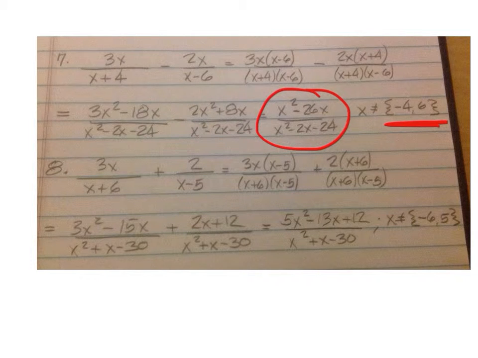And the excluded values are negative 4 and 6. For number 8, it's actually not 5x squared, but it is 3x squared minus 13x plus 12 over x squared plus x minus 30. And the excluded values are negative 6 and 5.